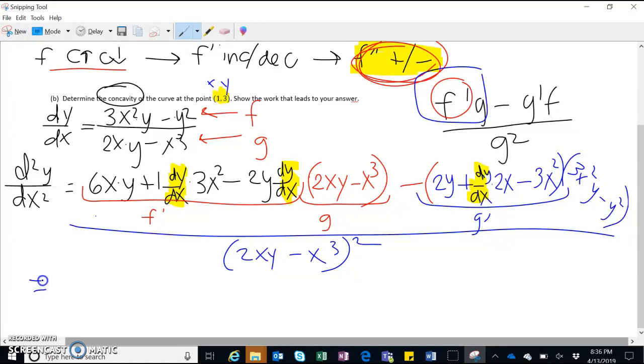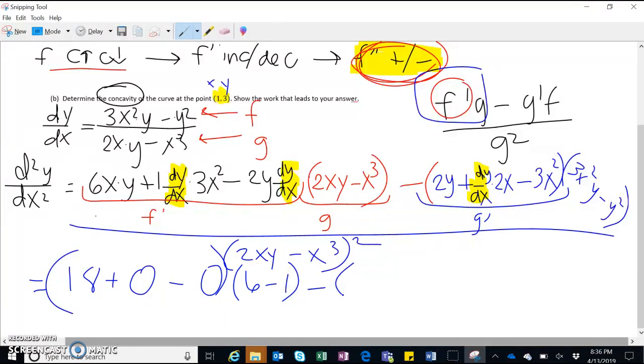And watch this. Okay, I get 6 times 1 times 3. That's 18. Plus 1 times 0 times 3 times 1 squared, that goes to 0. Minus 2 times 3 times 0, there's another 0. All that will multiply by 2 times 1 times 3, or 6, minus 1 cubed, so minus 1.